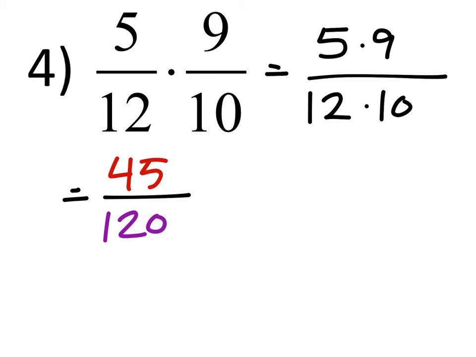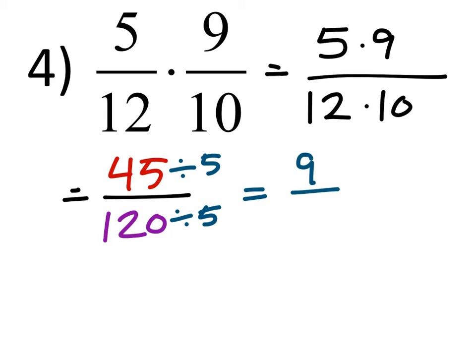So maybe you know that both of these could be divided by 5. You look at the ends there, and these both end with 5 or 0, so they're at least divisible by 5. So that means I need to take both these numbers and divide by 5. 45 divided by 5 is 9.